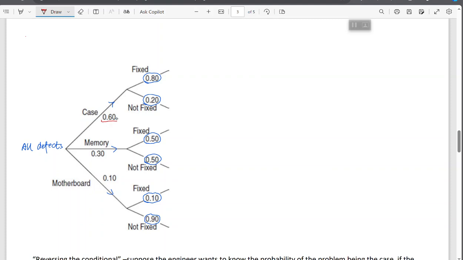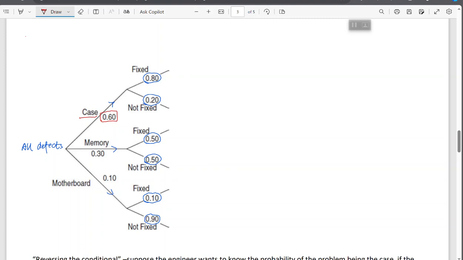We have 60% chance that this defect is a case alignment defect. When I talk about this 0.60, did I care whether this case alignment problem is fixed or not fixed? Of course not. So in this case, we only care about this event. So this is a marginal probability.